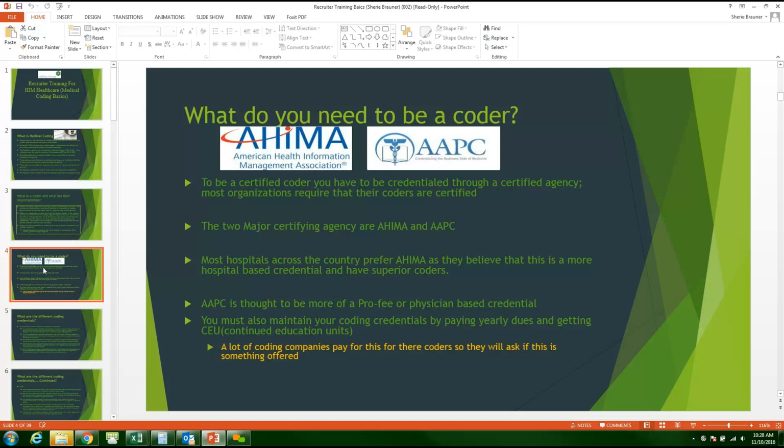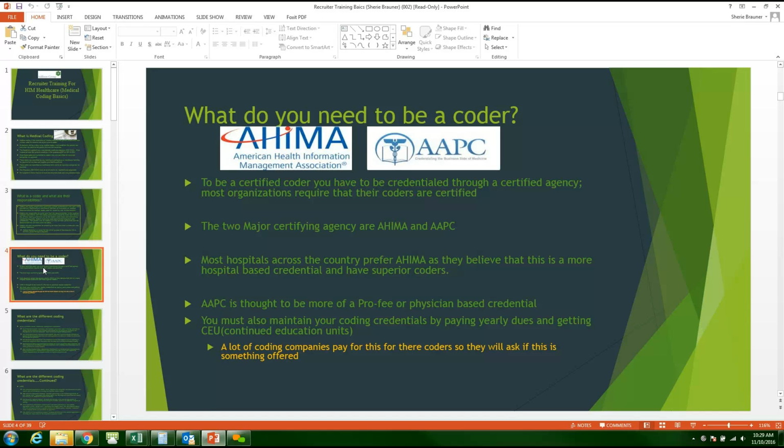Most hospitals across the country prefer AHIMA, as they believe that this is more hospital-based credential and have superior coders. AAPC is thought to be more of a physician-based credential.